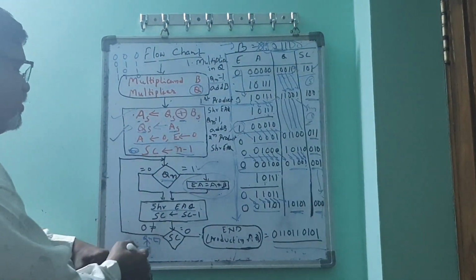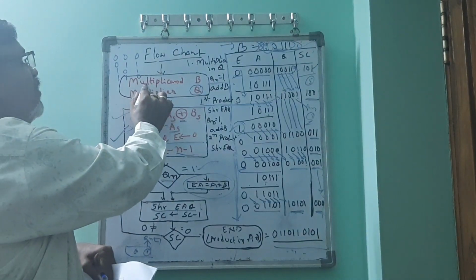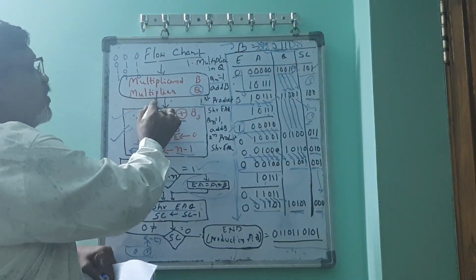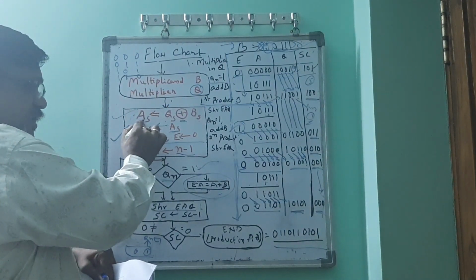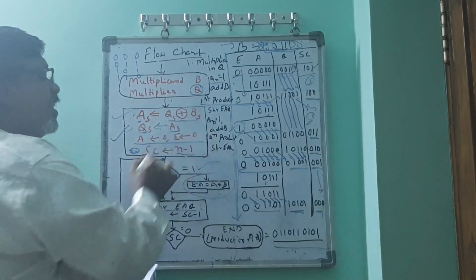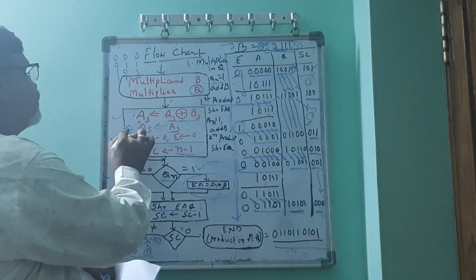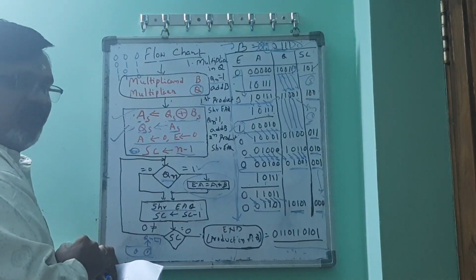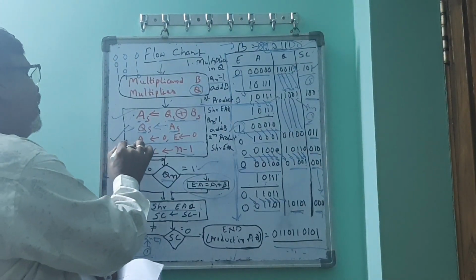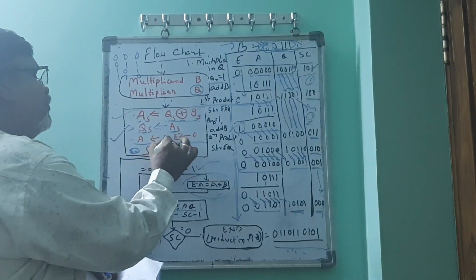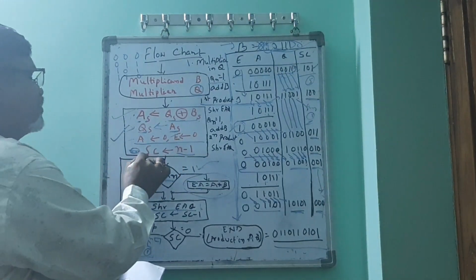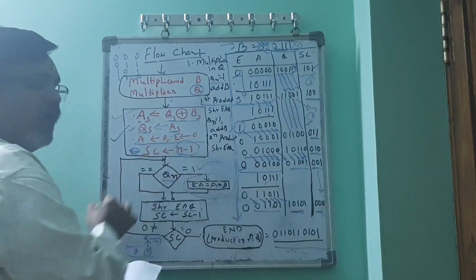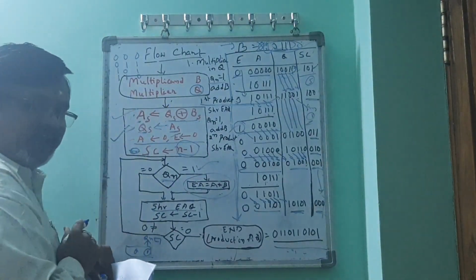So you just see again, multiplicand will be in B, multiplier will be in Q, sign bit A is initially set with XOR of QS and BS, and the QS is again copied with the value of AS, and initially A will be set to 0, E will be set to 0, and sequence counter value will be set to n minus 1 by considering the sign bit also.